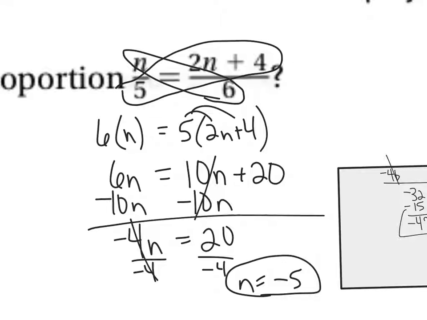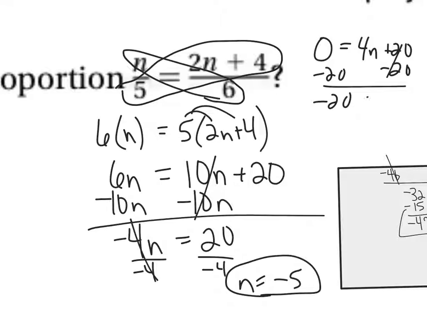We would have subtracted 6n, but if you subtract 6n, you're going to end up with 0 equals 4n plus 20, and then you can subtract 20, I guess, and then divide by 4. It's just more steps involved. So just because there was only one constant here, you can kind of analyze the situation and see what's going to be the quickest route for you if you want.